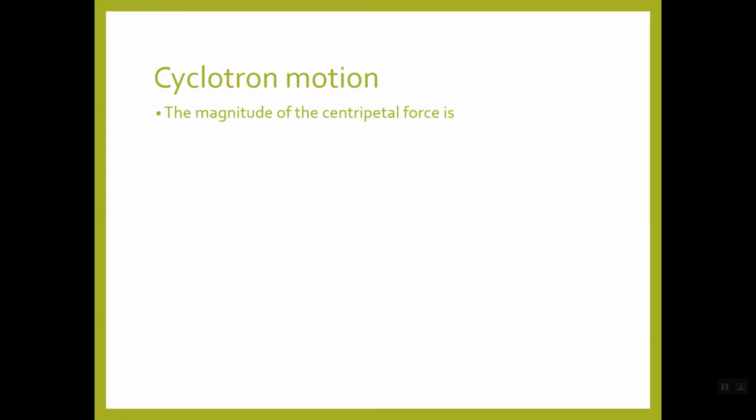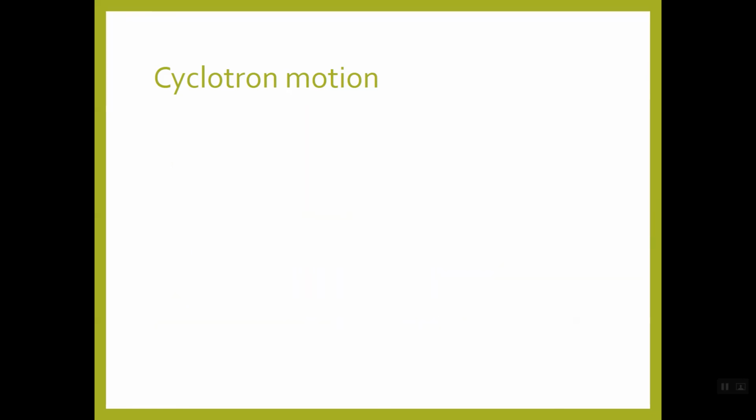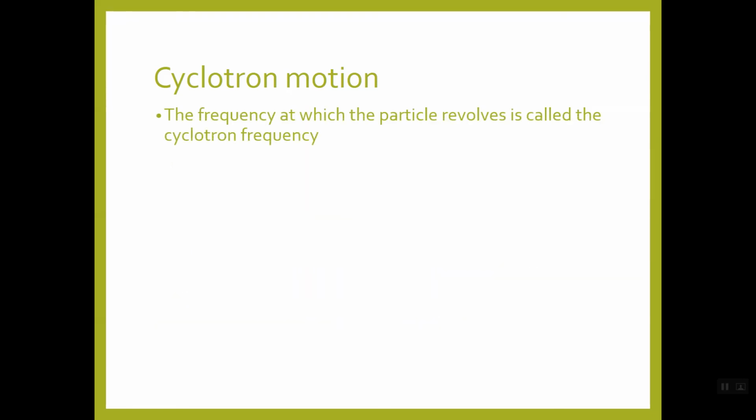So the magnitude, this is the same slide, and the frequency at which the particle revolves is called the cyclotron frequency, and we're going to call that qB over m.